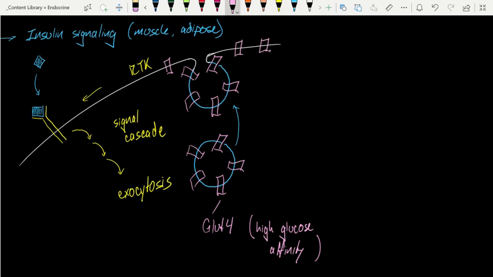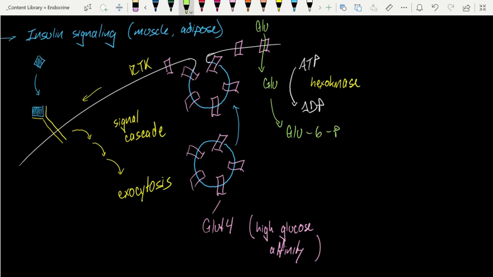And now that we're permeable to glucose, glucose follows its concentration gradient into the cell. Once inside, hexokinase grabs it, and using ATP, which will be converted to ADP, glucose is transformed into glucose 6-phosphate. Now it can't leave, it's trapped.